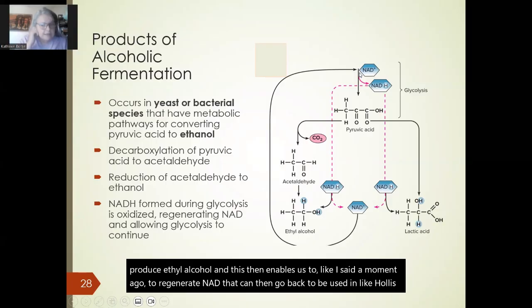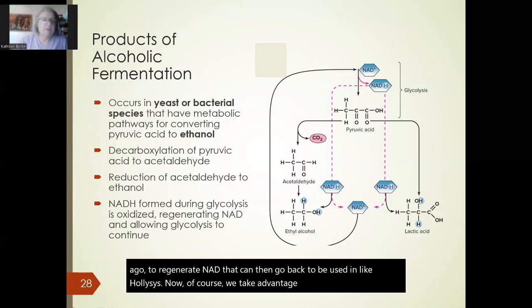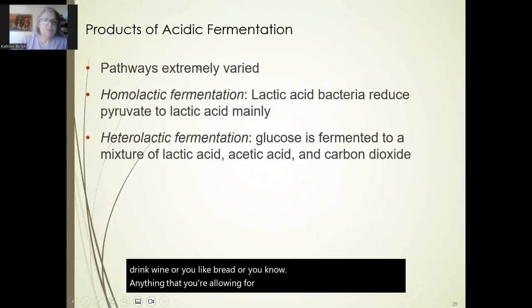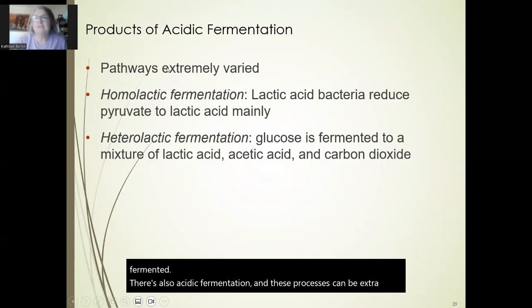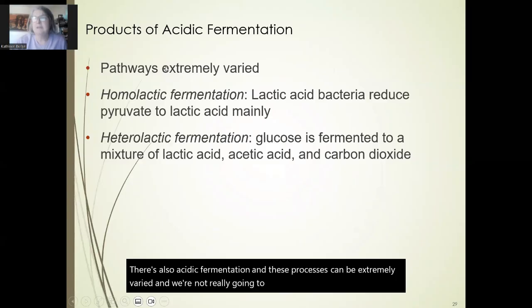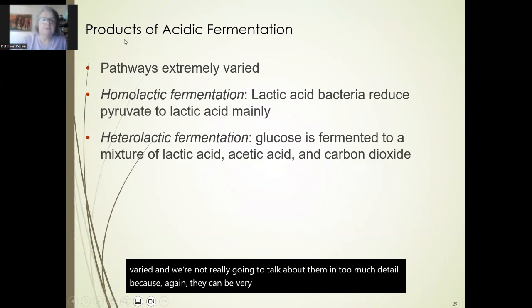Now, of course, we take advantage of this process all the time. If you drink wine or you like bread or anything that you're allowing fermentation, pickles, lots of things get fermented. There's also acidic fermentation, and these processes can be extremely varied, and we're not really going to talk about them in too much detail because, again, they can be very detailed or varied.